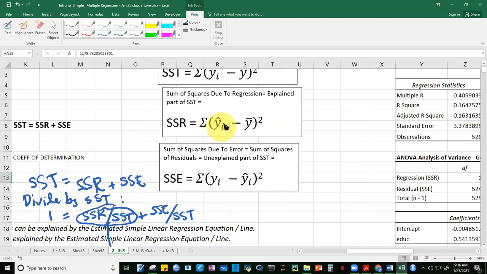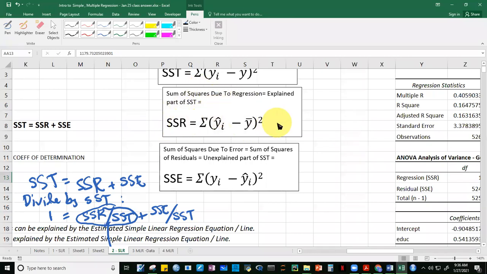So yung difference ng predicted value minus the average is actually the improvement of your model. No? Nag-improve yung model from just being the average of the dependent variable. Nagkaroon tayo ngayon ng predicted value where we're using another variable. Okay? So this is what we call the sum of the squares due to regression.